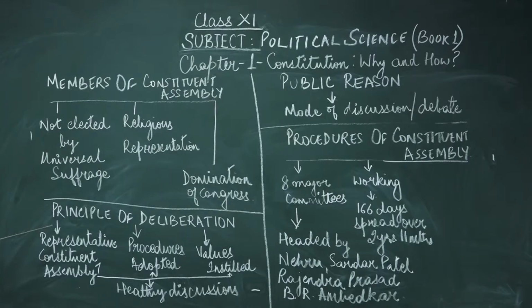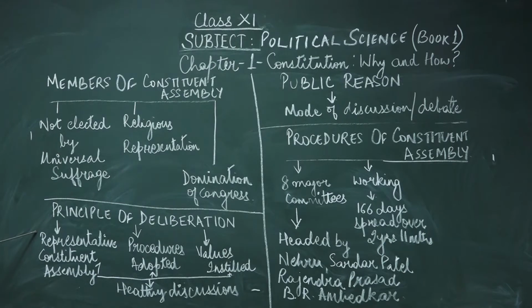Our next topic is the principle of deliberation. Children, you need to know that the authority of the Constituent Assembly does not come only from the fact that it was broadly representative.